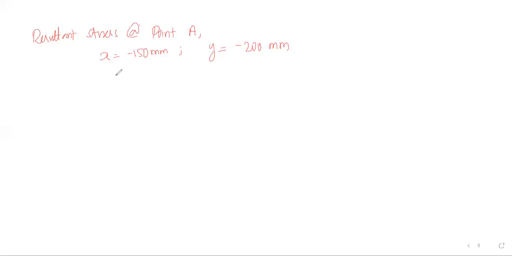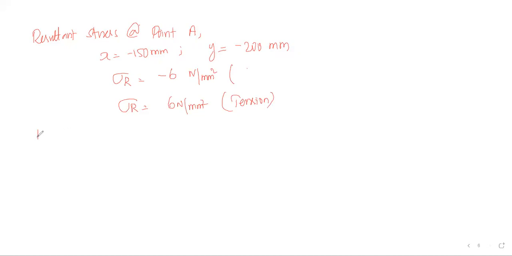Then the answer becomes sigma r is equal to minus 6 Newton per mm square. The minus sign indicates tension. So sigma r is 6 Newton per mm squared tension. Compressive force and tension force.